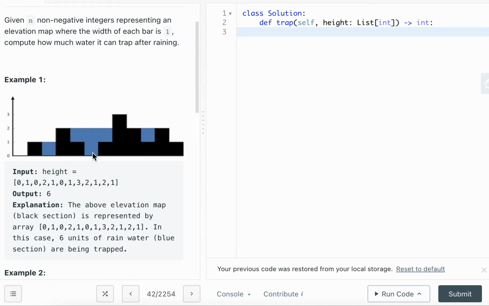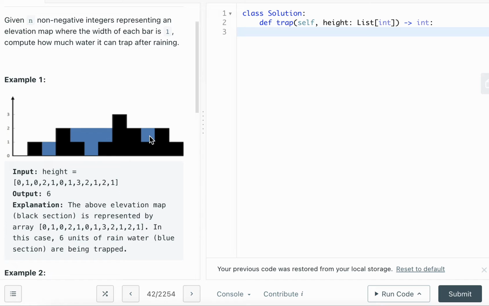If you look at this guy, it's essentially the left side max and the right side max, and whichever one is minimum, that's the 2 units it's able to hold. This guy is 1, and this is 0 here. Same thing as you move to the right side, this one is able to hold 1.